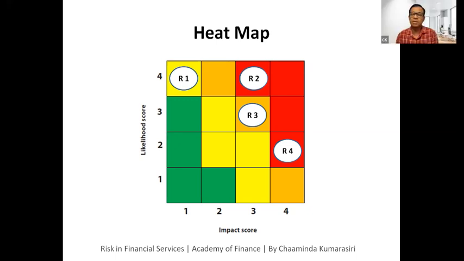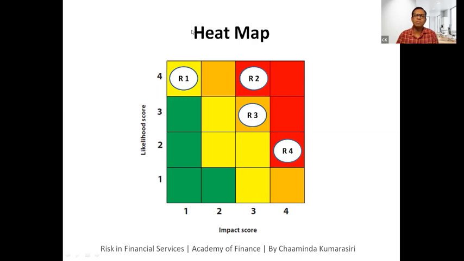Let's say one risk is the counter cashier giving more money to the customer when they withdraw. Then likelihood score, depending on the people at the counter, their experience, and your past track record, you may assume 1, 2, 3, 4 on the likelihood side.